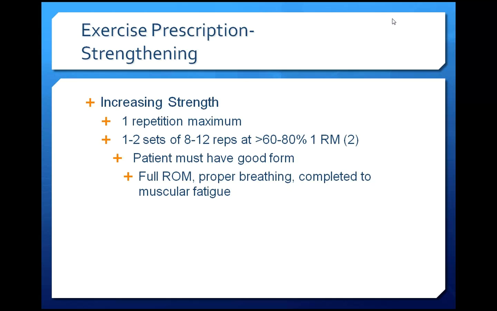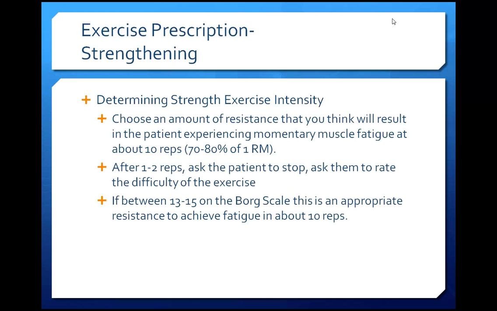So this is an alternate way to determine leg strength intensity using the Borg scale. You want to choose a resistance that you think will result in the patient experiencing muscle fatigue at about 10 reps. I haven't figured out how to figure that out yet, but I'm working on it.